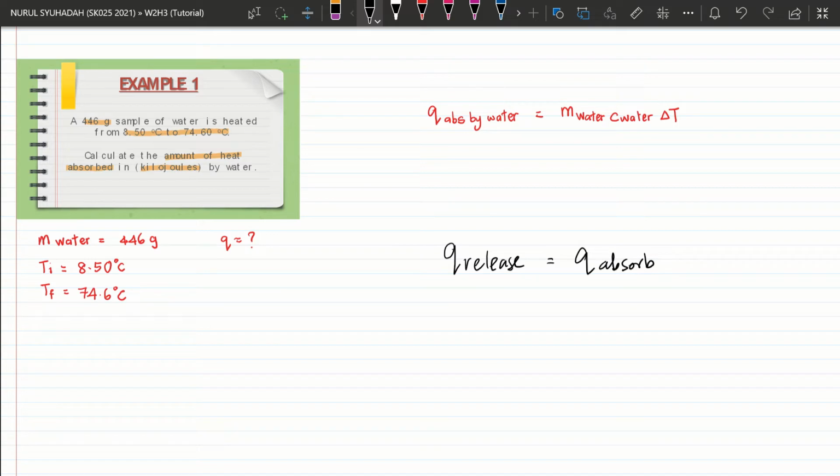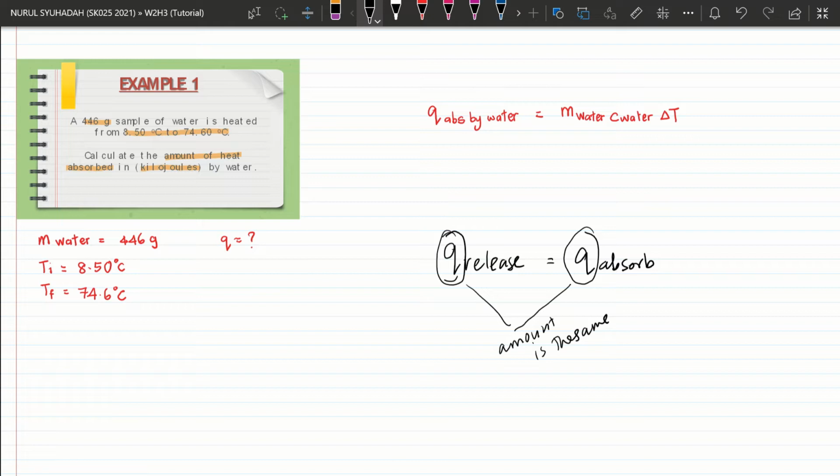What you need to understand here is that the amount of heat released will equal the amount of heat absorbed. So the amount is the same. The only difference is the action, either heat being released or heat being absorbed.